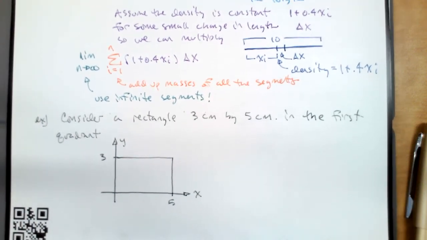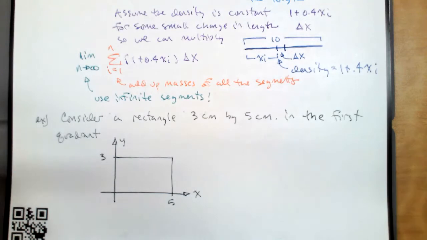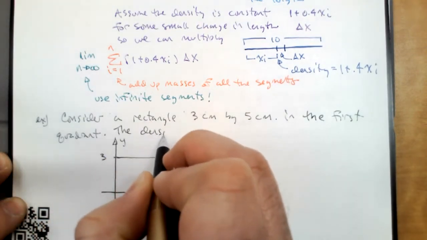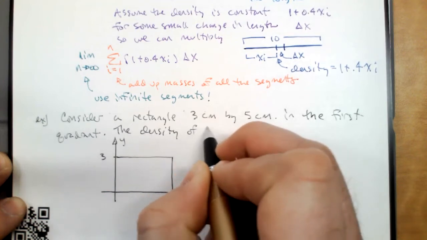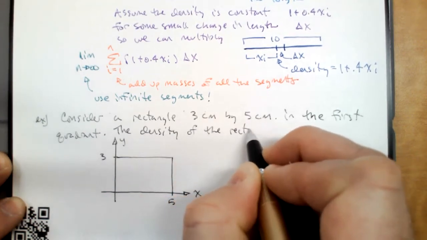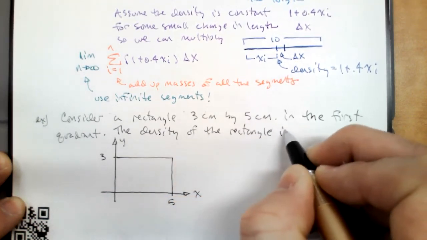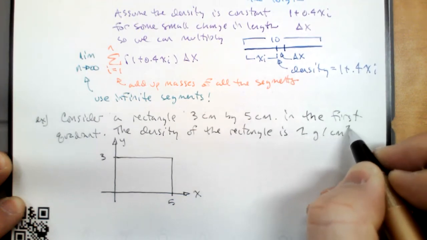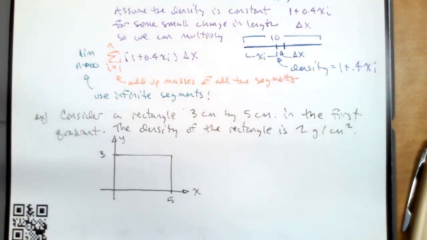It's in the first quadrant. Let's suppose that the density of this rectangle is 2 grams per square centimeter. Notice that I have an area, so my density is going to be mass per unit area.